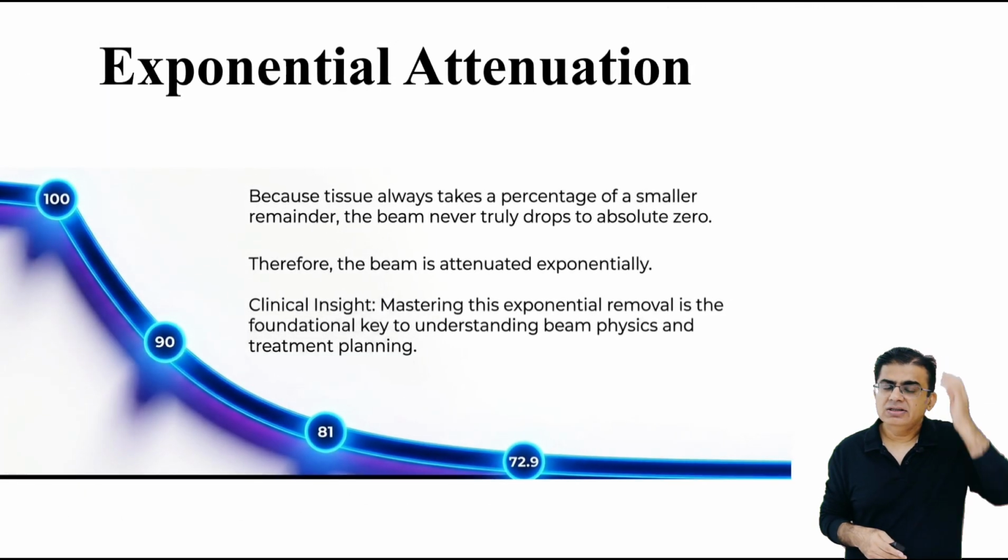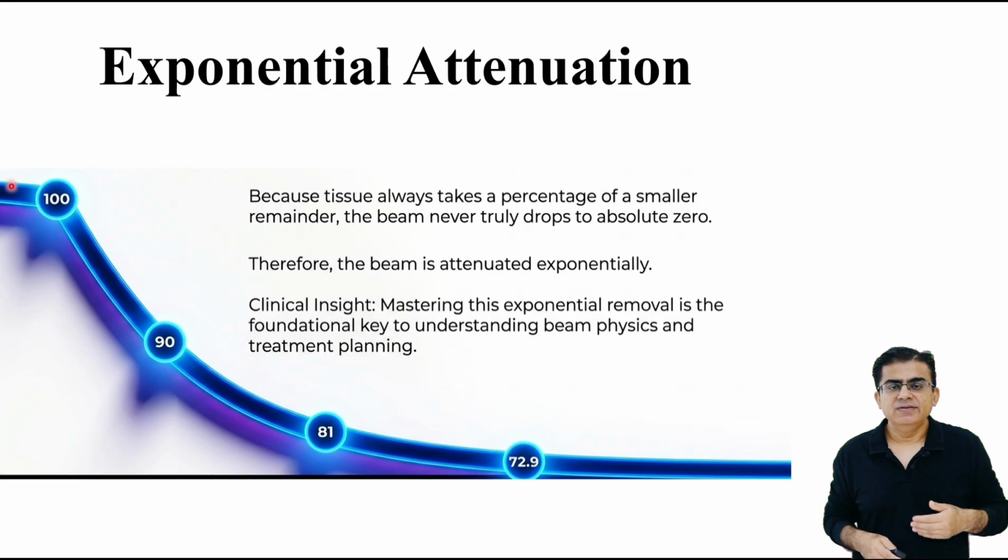Let us bring all this mathematics back to the physical reality inside our patient. Look at the downward curve on this slide. We started with 100% of our beam. Then it dropped to 90, then 81, and then 72.9.